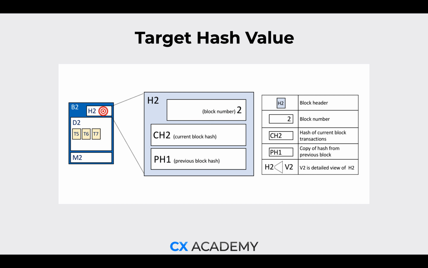Okay, now it's not the block number, don't get that confused. The block number is simply number 2 or 3 or 4 or 5. Okay, so to find that particular block number 2's hash, we have to hash the current block's hash, which is the hash of the current transactions, with the hash of the previous block, okay, and a number used once to create that block's hash value.